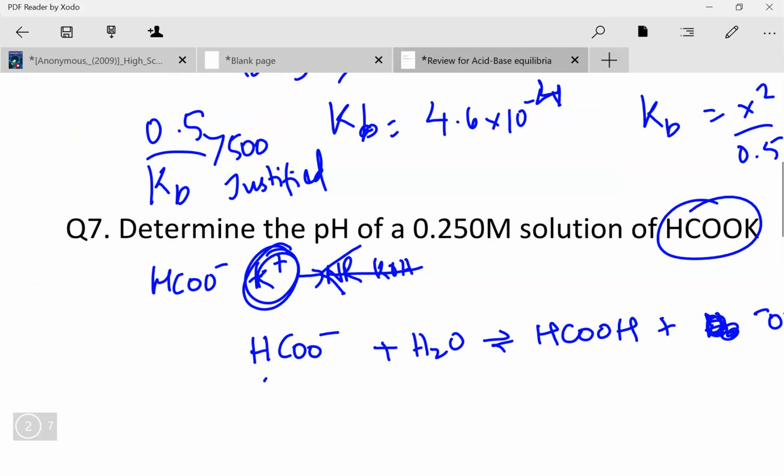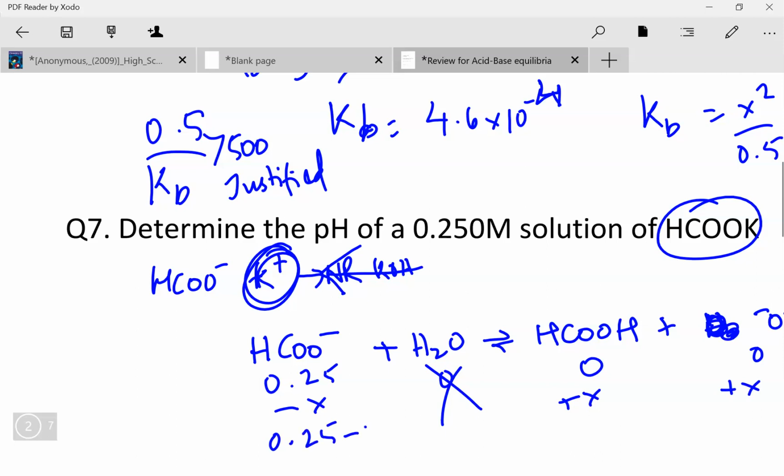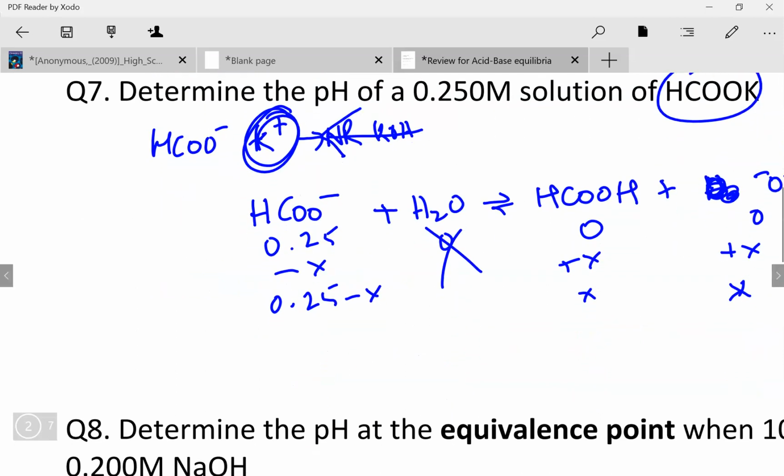There, and this is 0.25. Yeah, water's gone. 0, 0, minus x plus x plus x. 0.25 minus x, x, x. And then now there's an extra step here because this is a salt.